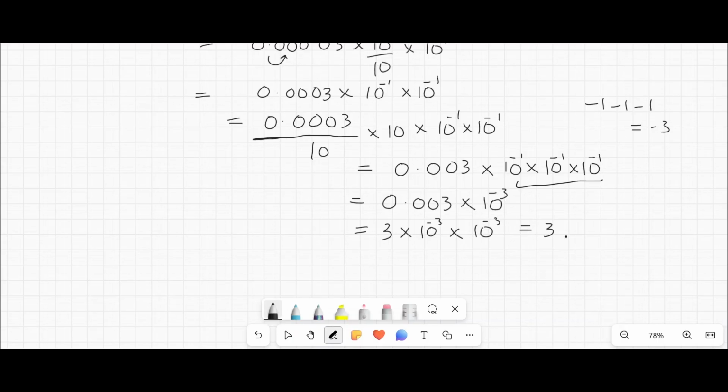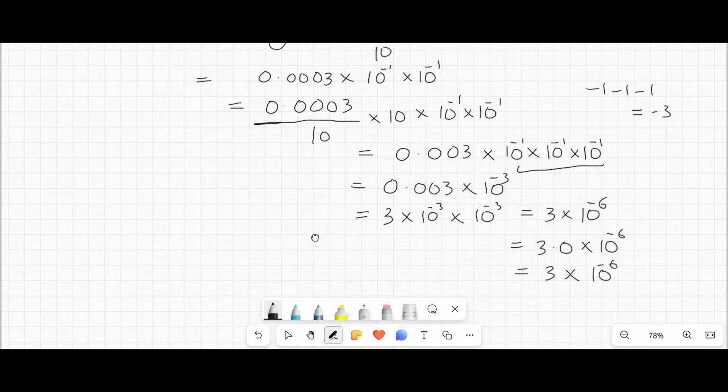So we will get 3 into 10 raised to, since our bases are the same, we can add these, so 3 into 10 raised to minus 6.